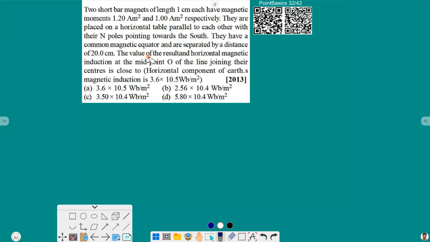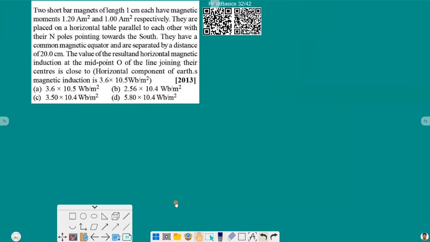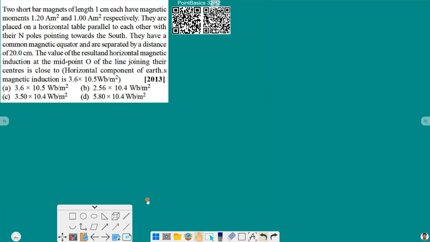The value of the resultant horizontal magnetic induction at midpoint O on the line joining their centers is close to. So we have to find the magnetic field at their center, and they both are oriented in the same direction.